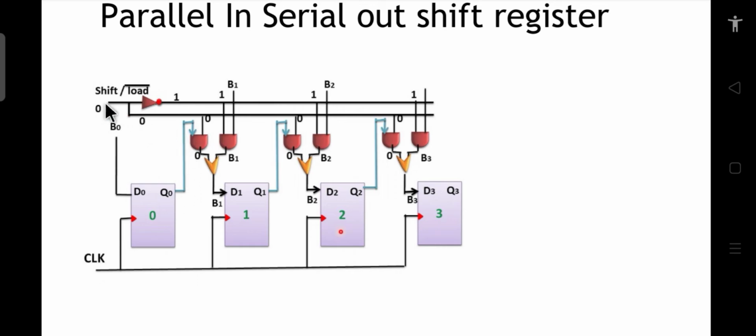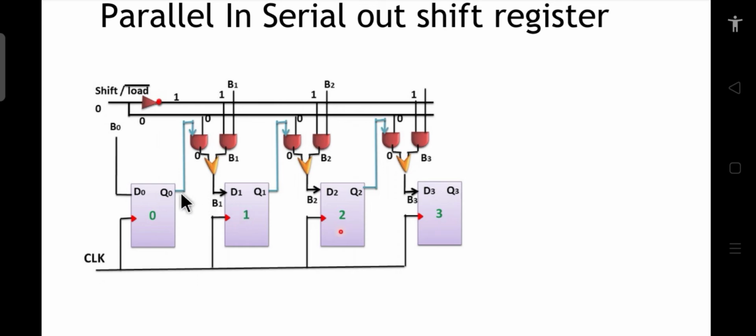Whereas when this input line is 1, then this is 0, so these AND gates will be off, so they will be disabled. When the input line is 1, at that time these AND gates will be connected through this OR gate to this D1. How?